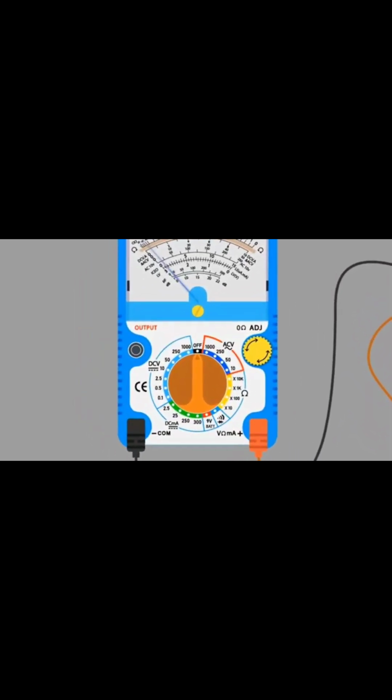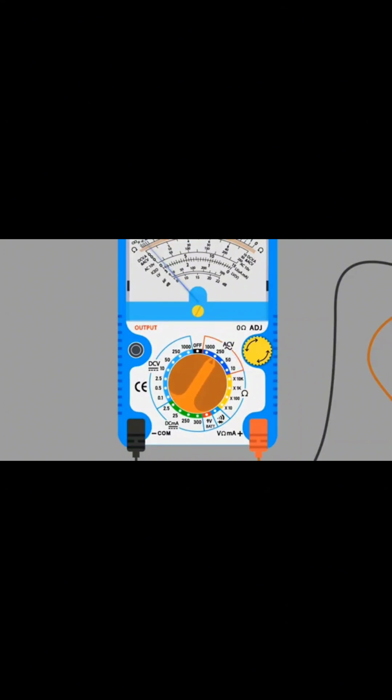How we can measure AC voltage with the help of an analog multimeter. To measure AC voltage, connect the black probe with the common port, and the red probe with the positive port. The blinking line shows the AC voltage section, and the arrow shows the range of voltage which we can measure.